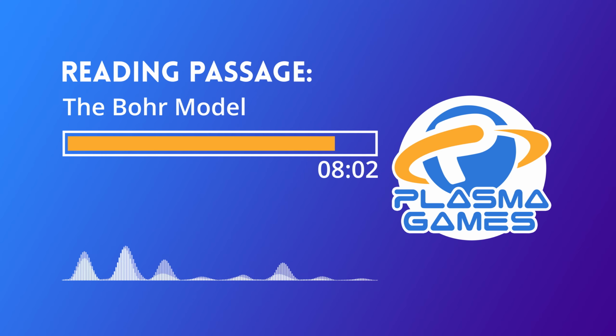Use the Bohr models below to answer the following questions. Atom 1, Atom 2, Atom 3. 4. Determine the number of protons, neutrons, and electrons in each atom.